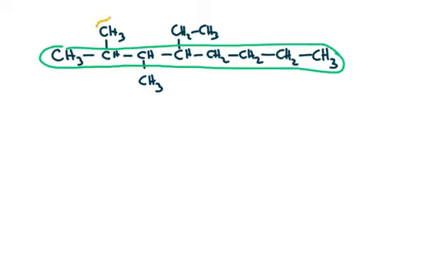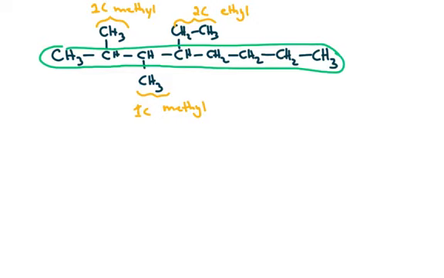I've got one up here, 1 carbon big, which means it's a meth, and it's a side chain, which means it's a methyl. I've got the same 1 carbon chain down here, so this one is also called a methyl. And then I've got a 2 carbon chain up here, which means this one is called an ethyl.